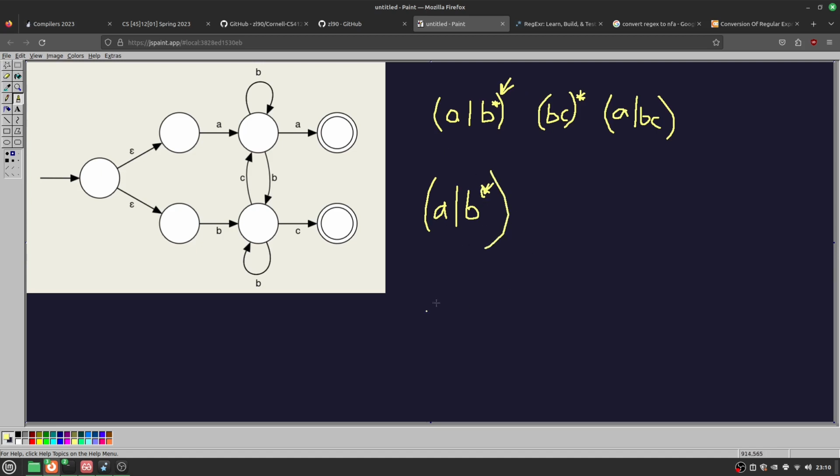Because A or the Kleene closure of B would be a set containing A, the empty string, B, B, B, and so on. So that can't be right. So that has to go. We have to start with A or B.